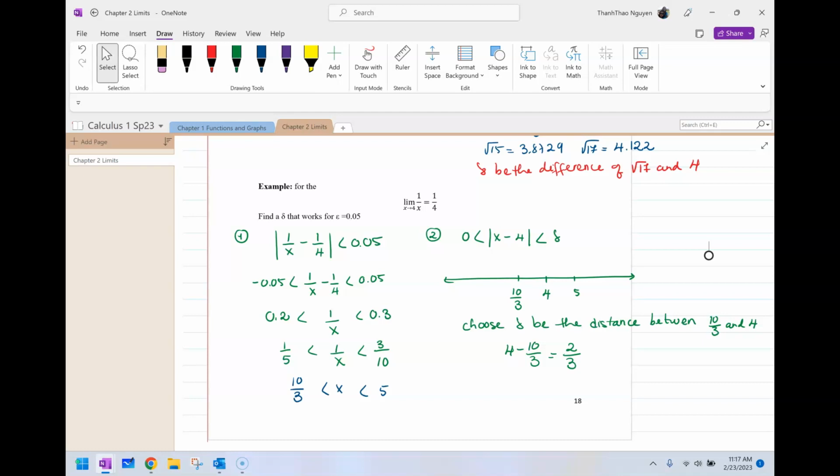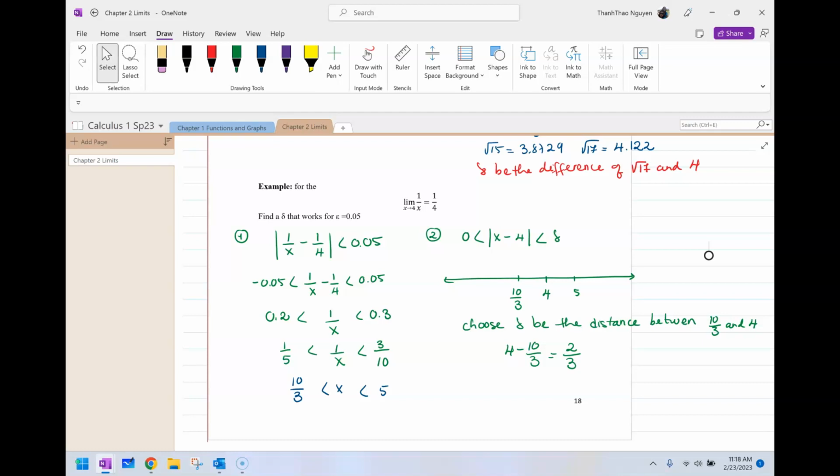If you are going to be a math major or do something more with this later on, then definitely go look more into it. Other than that, I just want you to understand that in order to find a precise limit, we are trying to find the value of delta on the x-axis so that we can have an epsilon that is as close as possible to the limit itself.